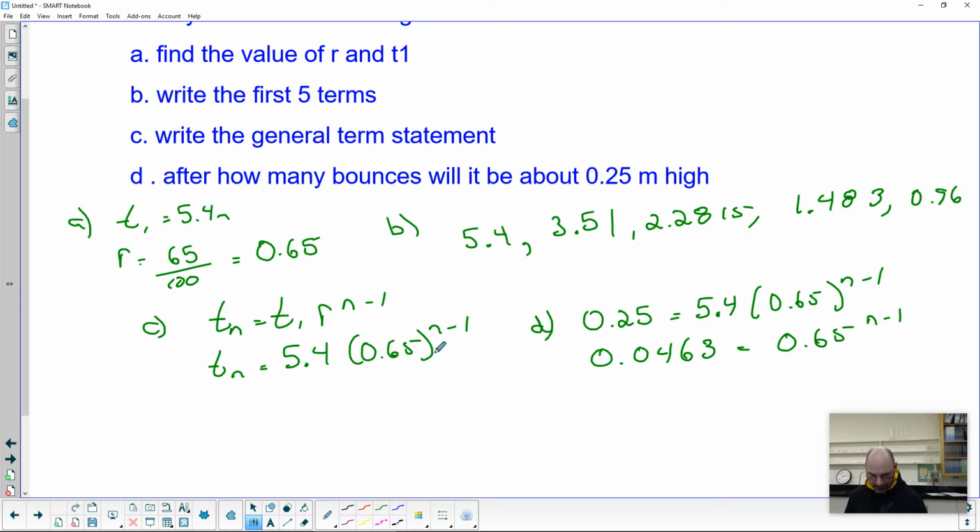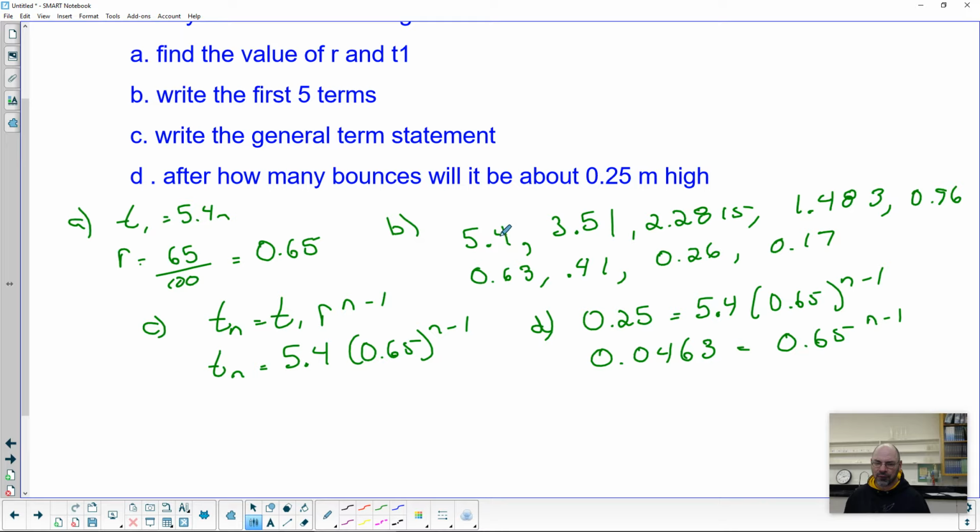Okay, and then times 0.65, and I'm just rounding off to the nearest decimal now, times 0.65. Okay, and times 0.65. That's more than 5, but I'm just writing it out here to help us figure this one out.